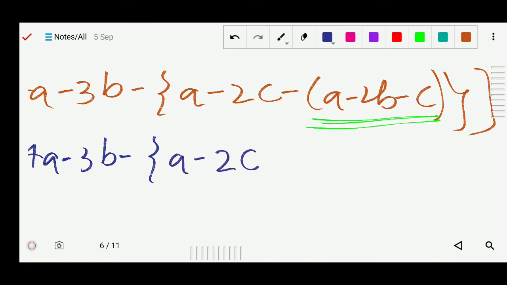Now here is the minus sign, so when you remove the bracket all the signs will change. Plus a will be minus a, that will be plus 2b, here will be plus c.